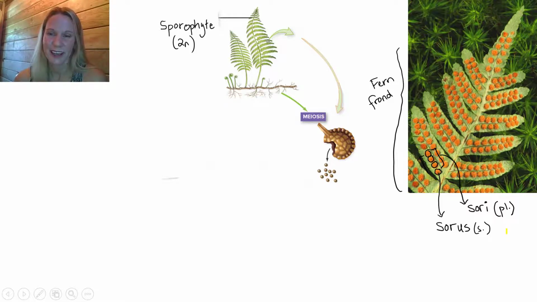Well, if you look at a sorus under the microscope, you're going to see all these little packets, these little circles inside of a single sorus. So this is a sorus, but then you have all these little individual packets inside, and each one of these would be called a sporangium.